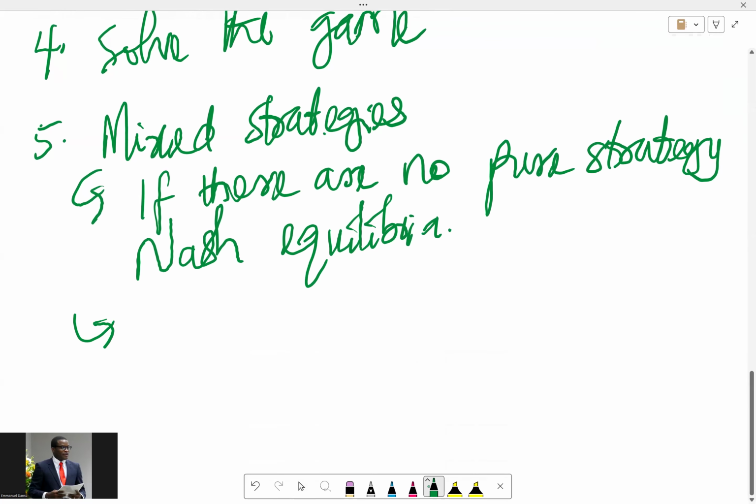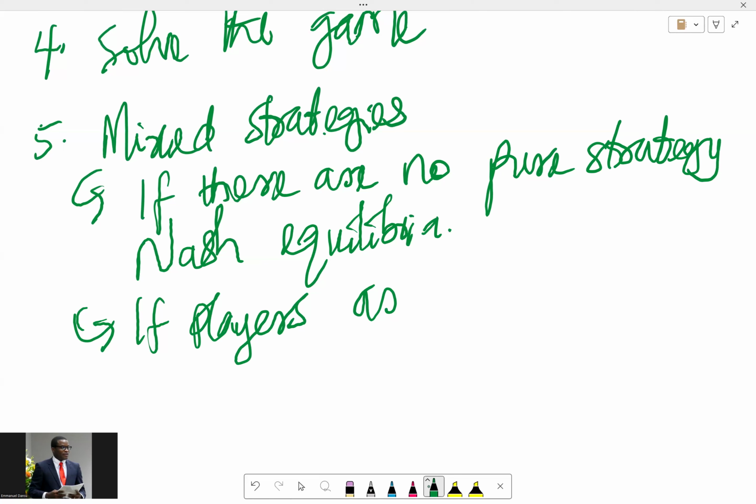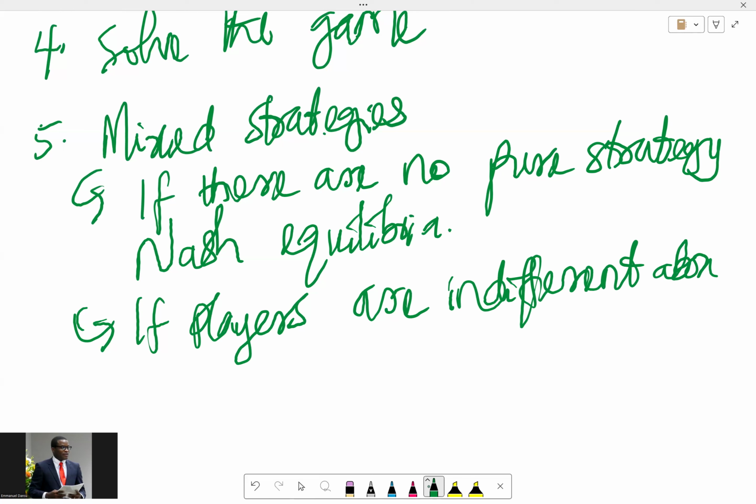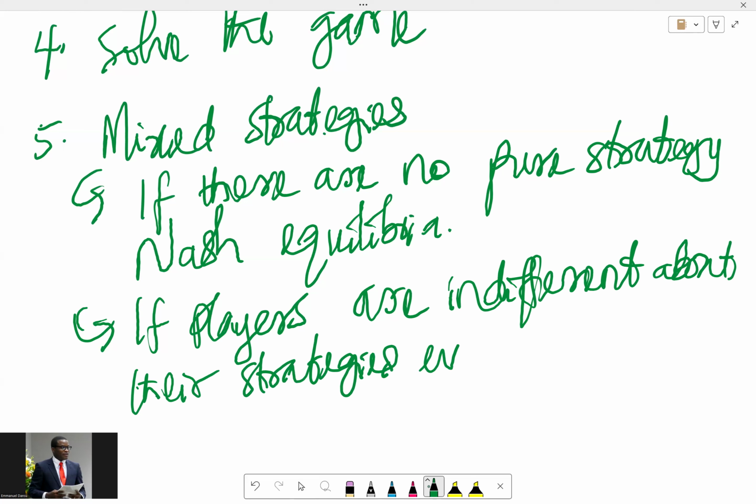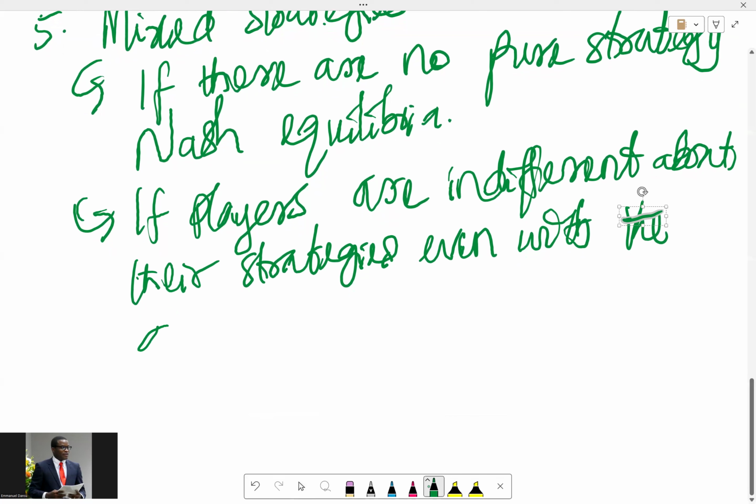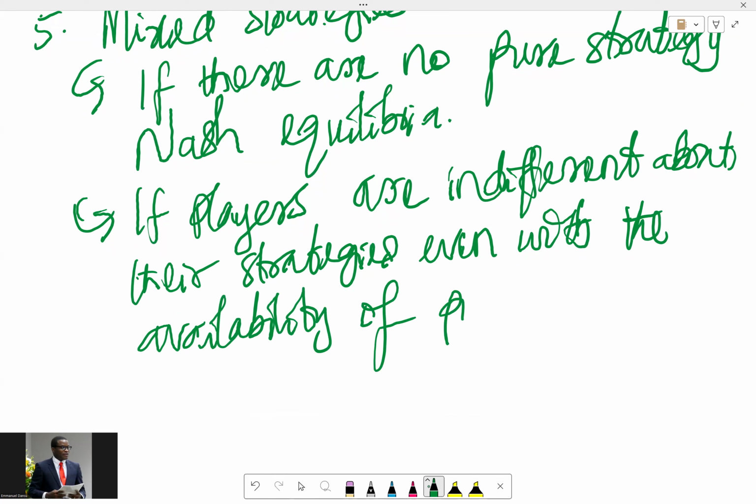The other point is if players are indifferent about their strategies, even with the availability of pure strategy Nash equilibria.